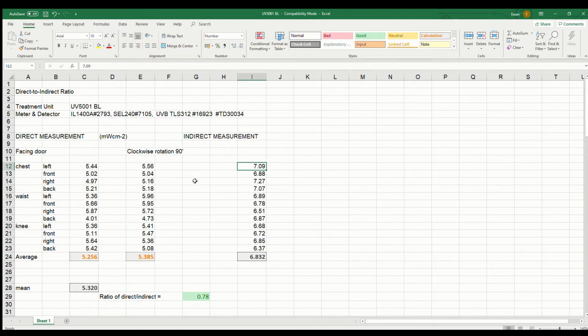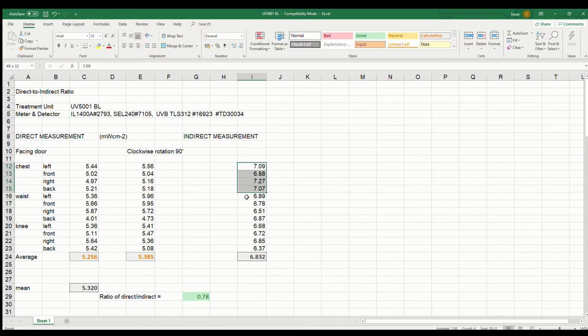So the detector is placed 30 centimetres from the tubes inside the cabinet, and measurements are taken at left, middle and right of each of the sides inside the phototherapy cabinet. So left, middle and right, 90-degree rotation, left, middle and right, and so on.